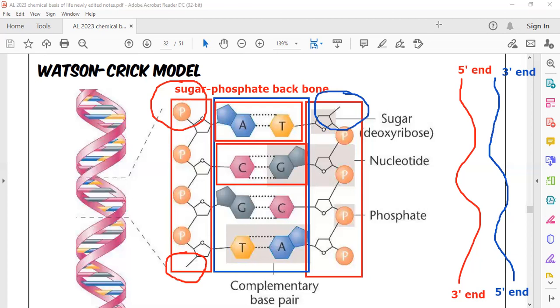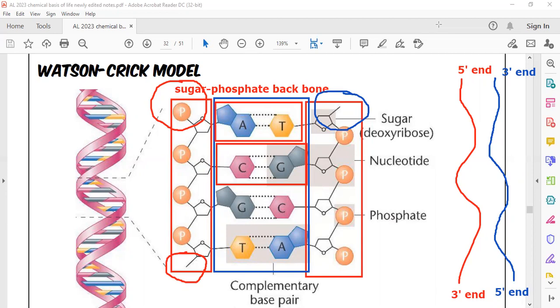Good. In a DNA molecule, if there are 20% adenine bases, what could be the percentage of thymine bases? 20%.